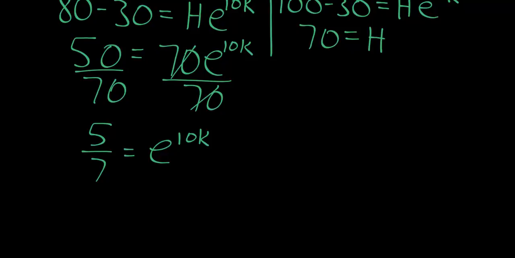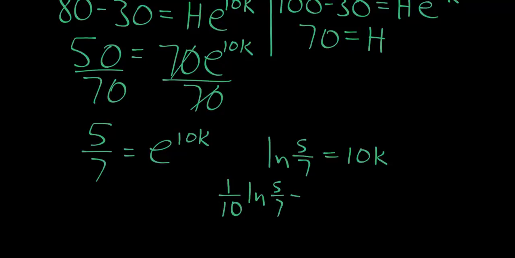Now I'm going to take the log of both sides, and then I divide by 10. Now we have a formula for K. We take the log of 5/7 and divide by 10, and it looks like our K is going to be negative, about negative 0.0336.